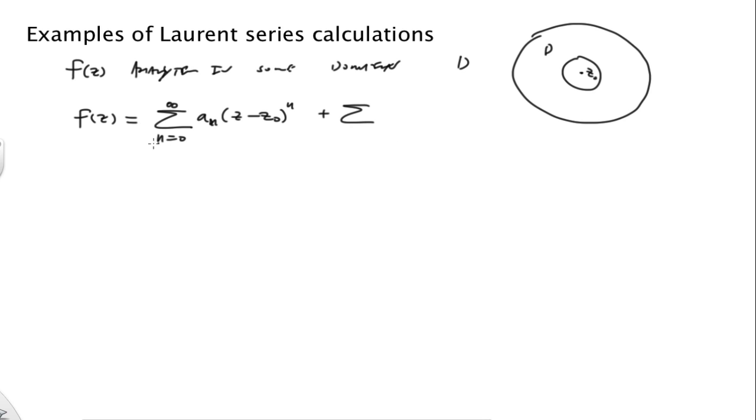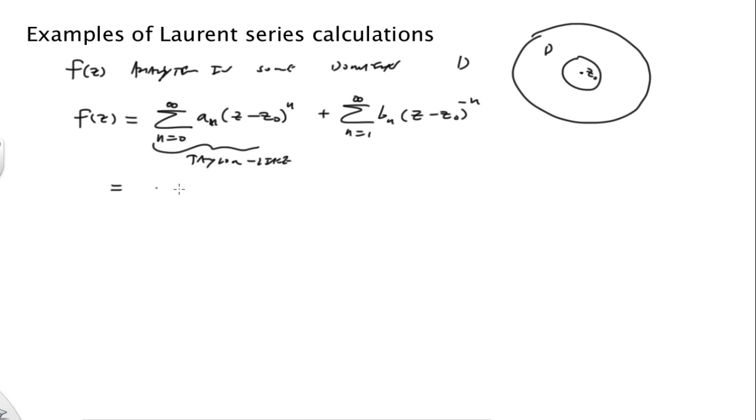So this is the Taylor-like part. And then we have the sum of b n, n going from 1 to infinity, of 1 over z minus z naught to the n. And these are negative powers of z minus z naught.